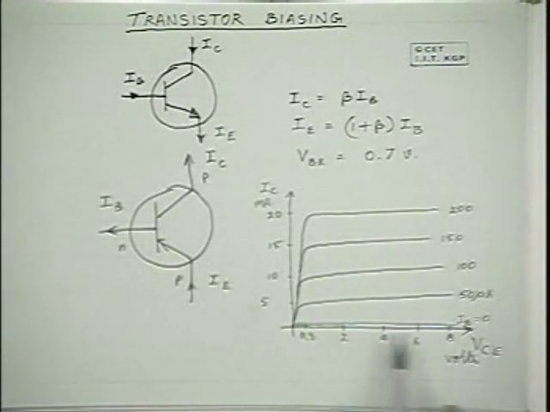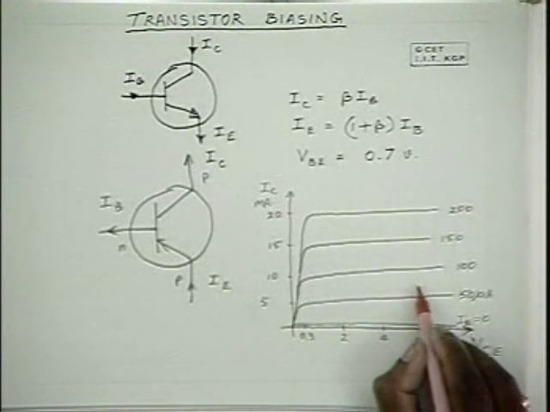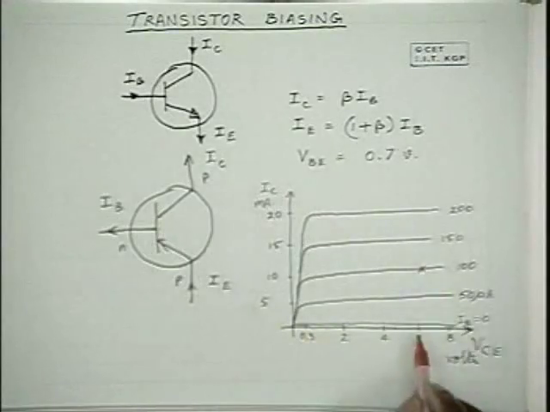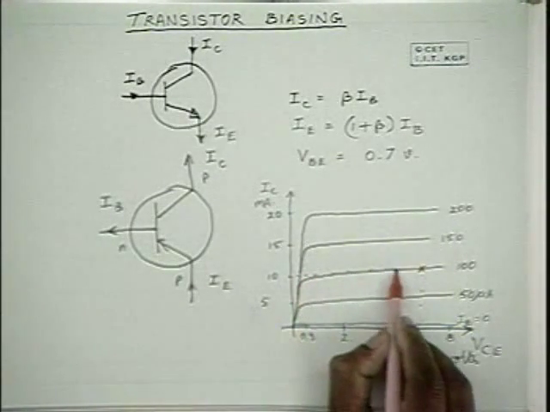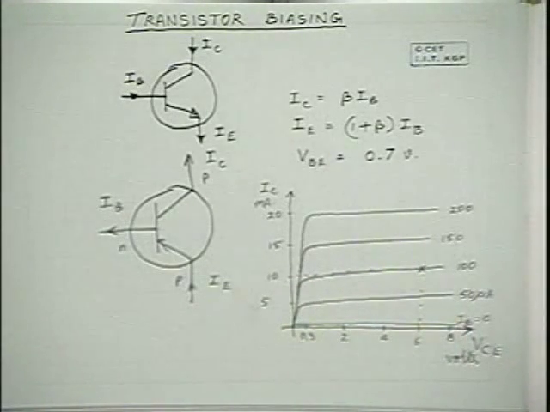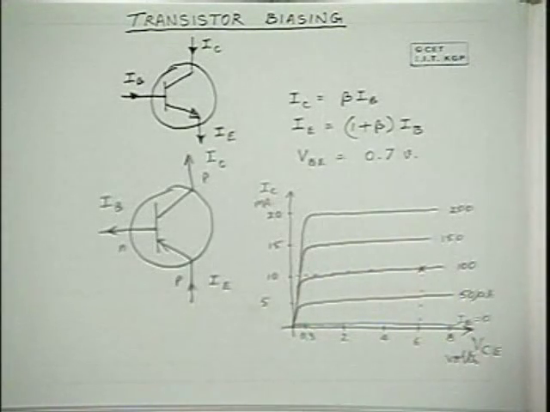Now, this is the collector to emitter voltage and collector current characteristics, or the output characteristics. Now, the question is, at what point do you operate a particular transistor? Do you operate the transistor at VCE equal to 6 volts and IC equal to 10 milliamperes, or do you operate it at 4 volts and 15 milliamperes?